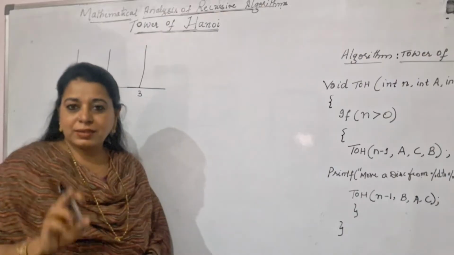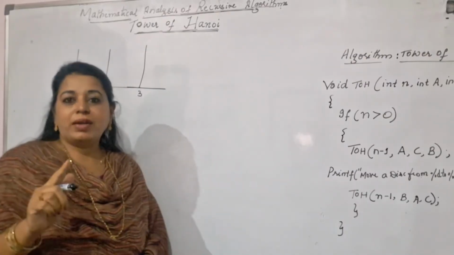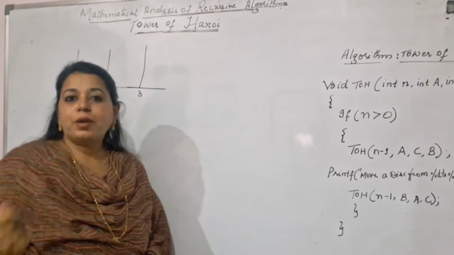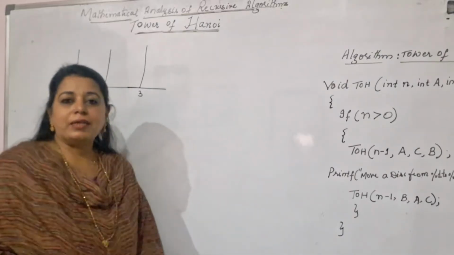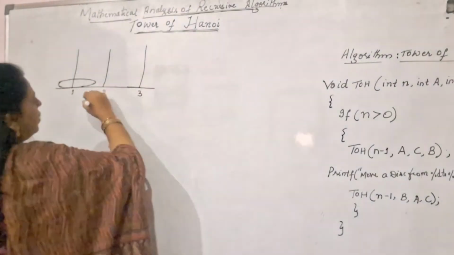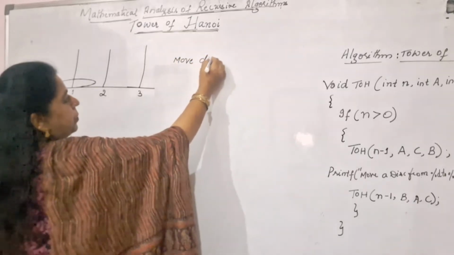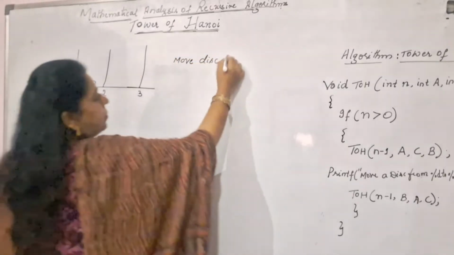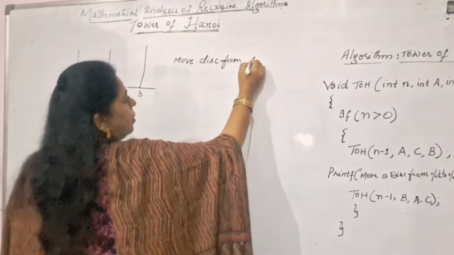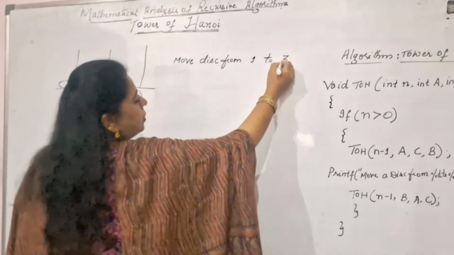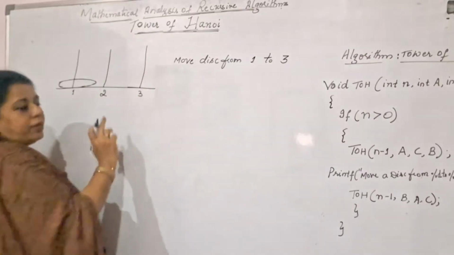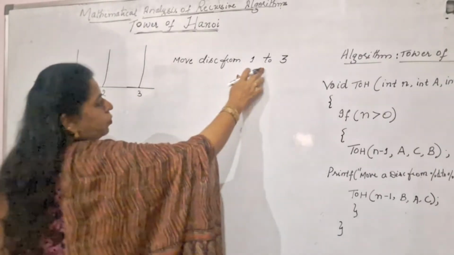The number of disks given here is only 1, so n equal to 1. Your job is to transfer it to the destination tower. With one disk present, I can write down the step: move disk from 1 to 3. You are simply moving the disk from 1 to 3. Only one move is required.